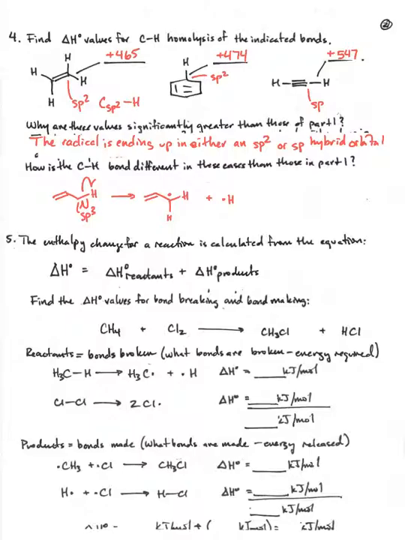So other than a dot being associated with that carbon, what type of orbital is that radical residing in? It is residing in a p orbital. So let's draw that out so we can understand. We'll draw that over here.